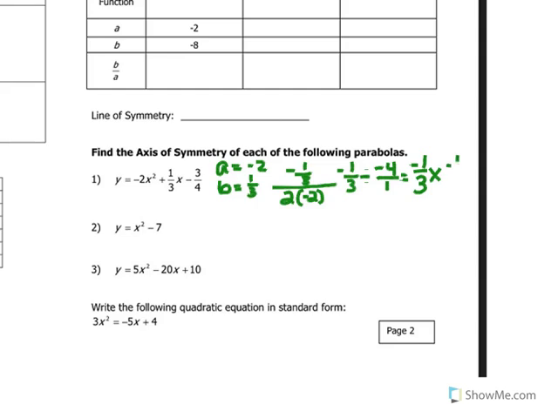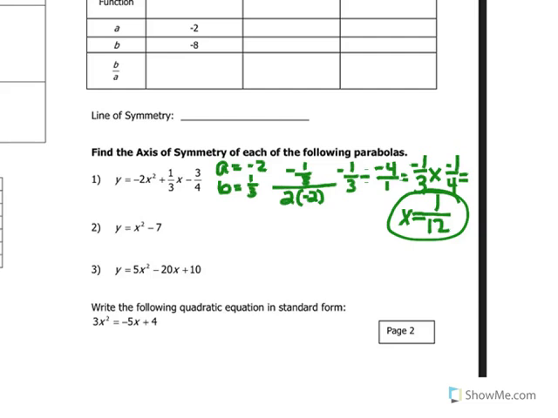And so we have -1/4. And so -1 times -1 is +1, and 3 times 4 is 12. So x equals 1/12. Okay, that one was kind of ugly.